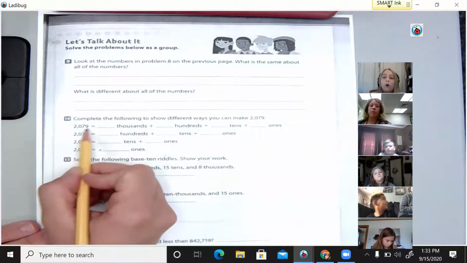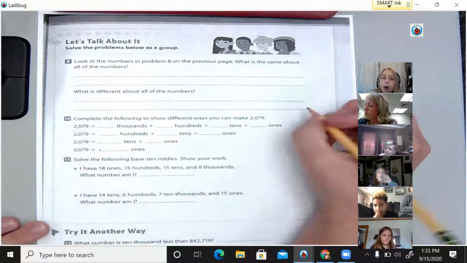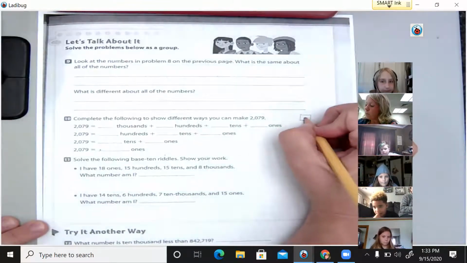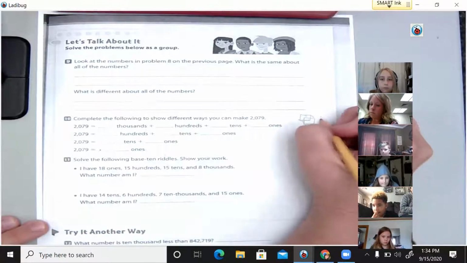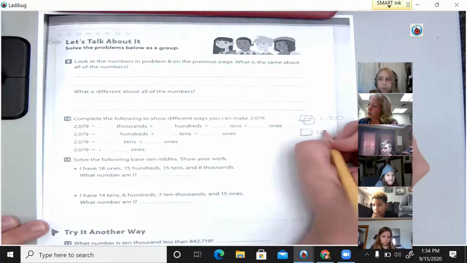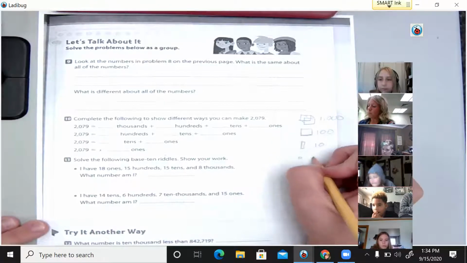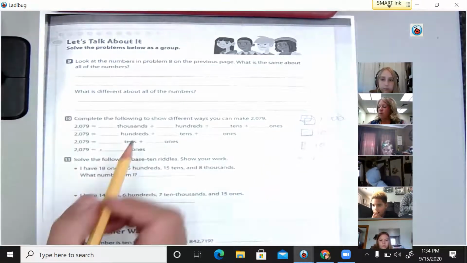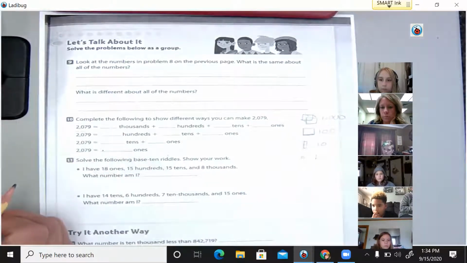So we want to represent the number 2079. If I know that the big cube is 1,000, the flat is 100, the long is 10, and the little cube is 1, how many thousands, how many big cubes would I need to make the number 2079?